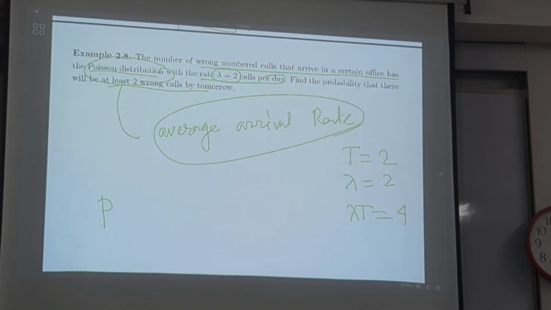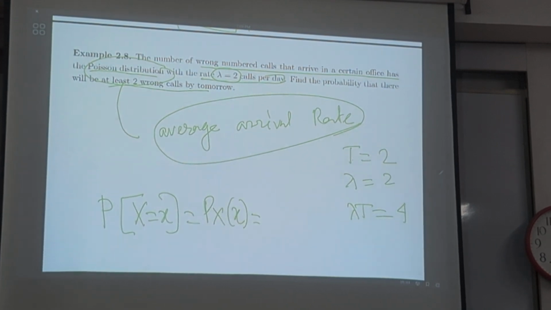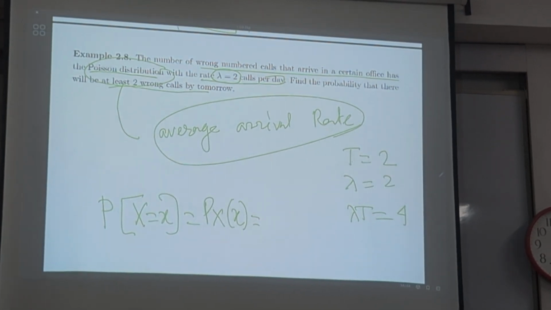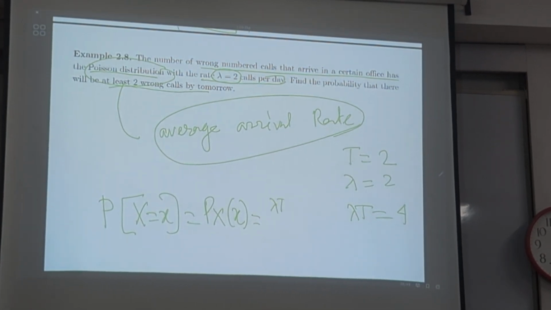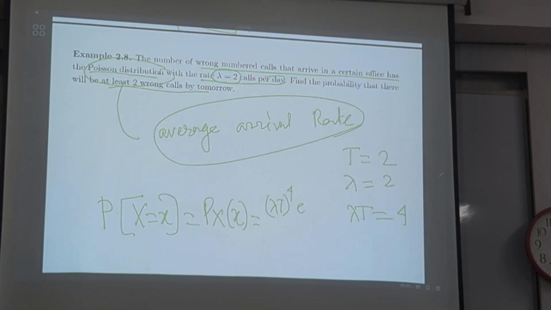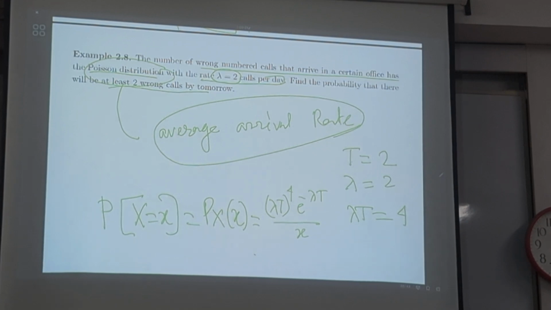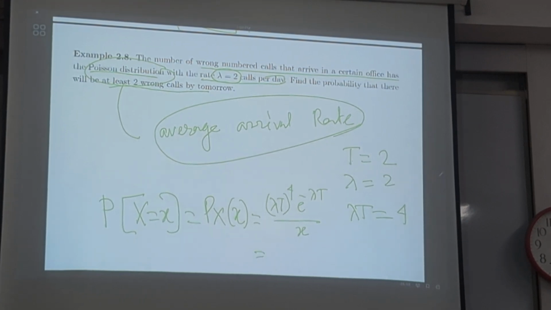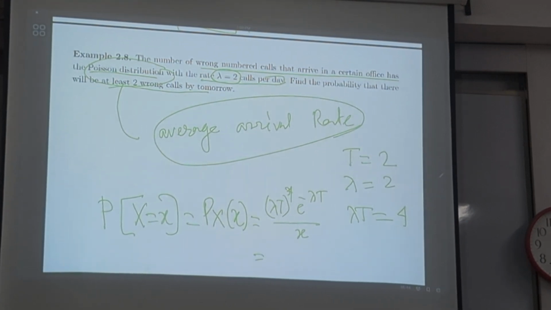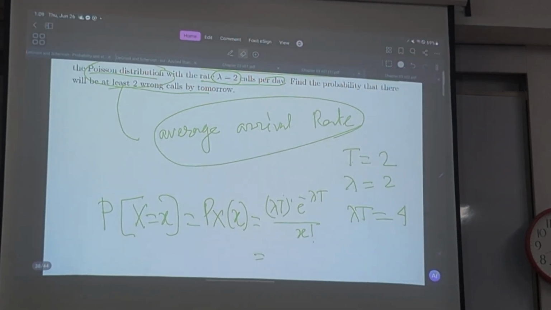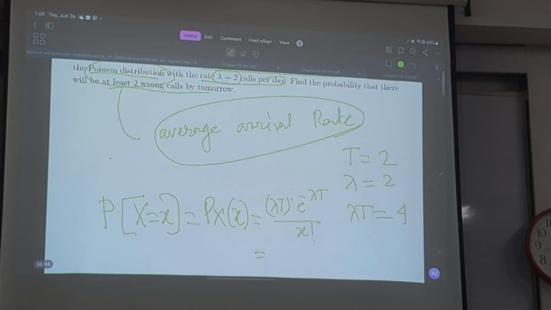So the probability that X equals x, the PMF of x, will be (lambda T) to the power x, e to the power minus lambda T, divided by x factorial.